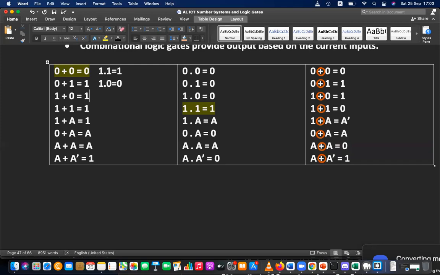Can you tell the next format? 0 and 0, and what? 1 equals 0. Correct, right? So the AND format is made for free. If the OR format is there, the AND format is made for free. Then what is this? 0 dot 0 equals 0. That is called duality.